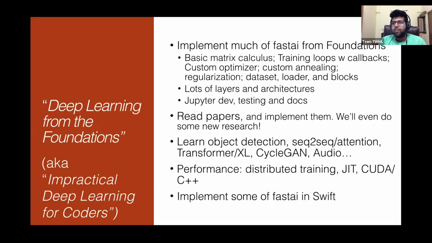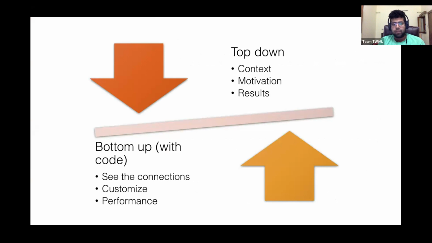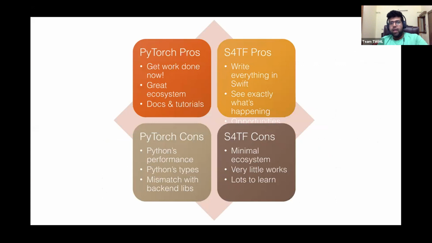And also all the questions related to Swift for TensorFlow. We'll be following this bottom-up style for part 2, and Swift for TensorFlow will just cover the last 2 lectures. Those will be taken by Chris Lattner, who is the designer of the Swift language. There was a mention of the pros and cons of both PyTorch and Swift for TensorFlow stacked against each other, and it was clearly mentioned that the Fast.ai team is still pro Python and pro PyTorch.